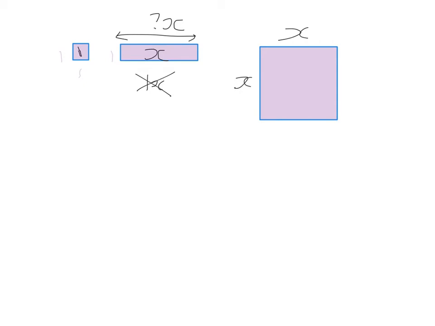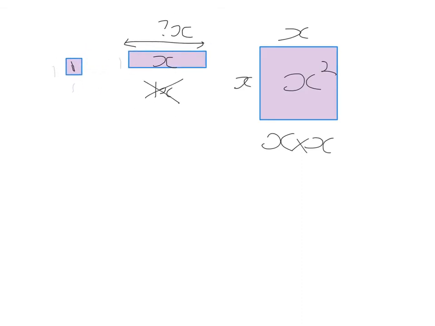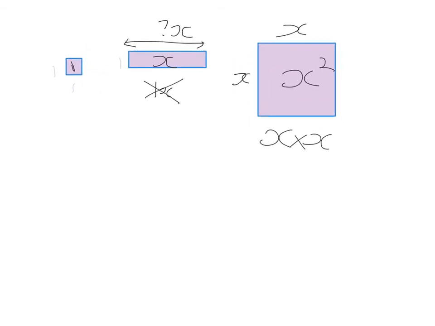So the area of this rectangle is x multiplied by x, or x multiplied by itself, which is x squared. Okay, so we've got this represents 1, x, and x squared.